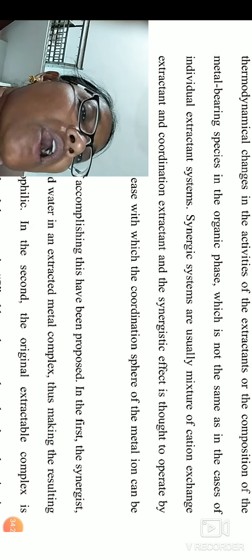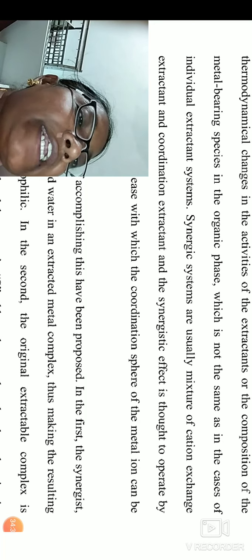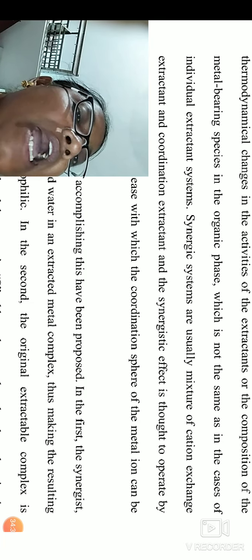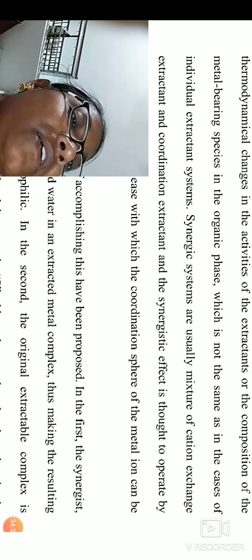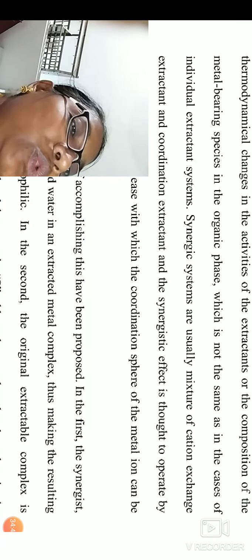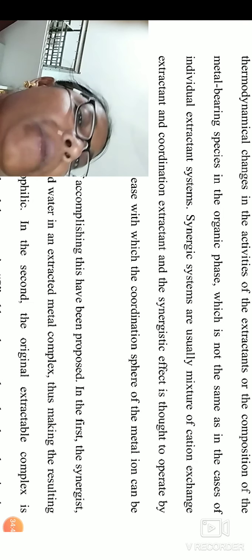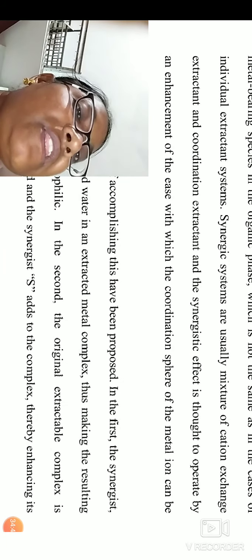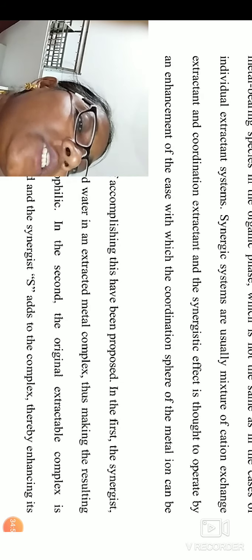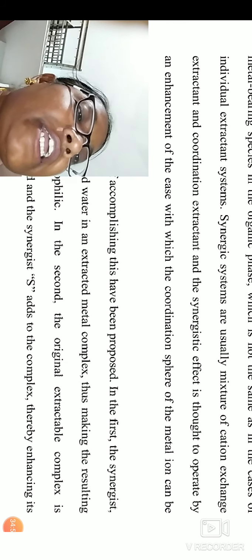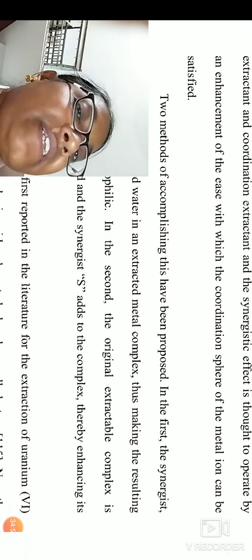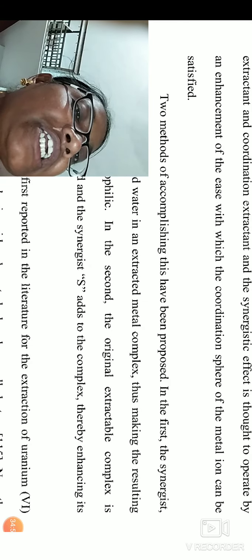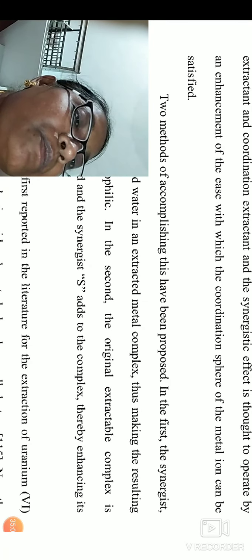Synergic systems are usually a mixture of a cation exchange extractant and a coordination extractant, and the synergetic effect is thought to operate by an enhancement of the ease with which the coordination sphere of the metal ion can be satisfied.